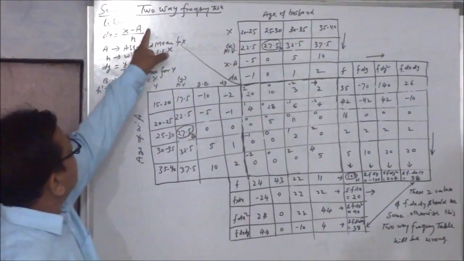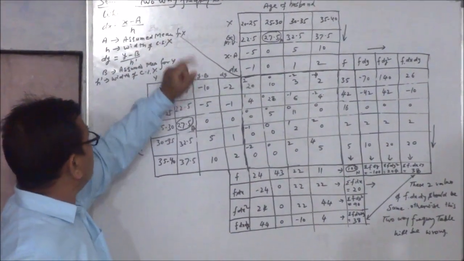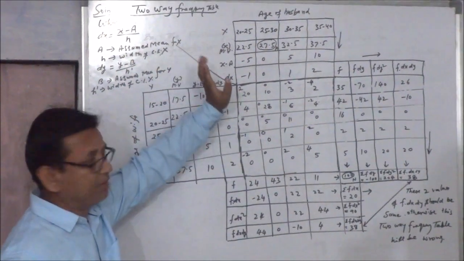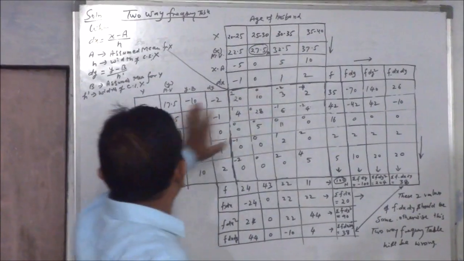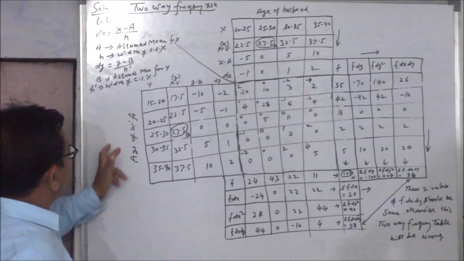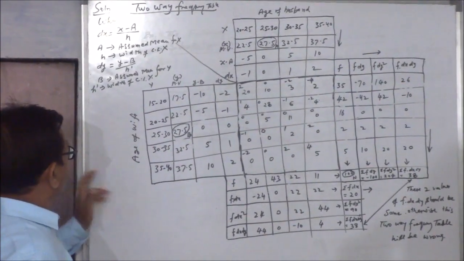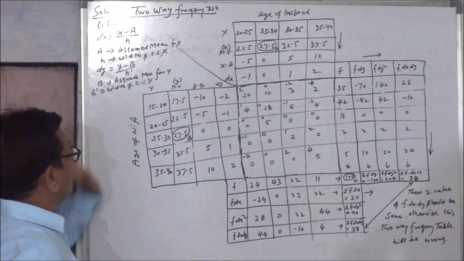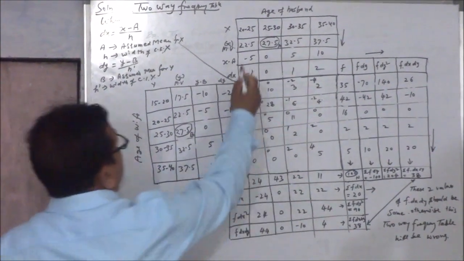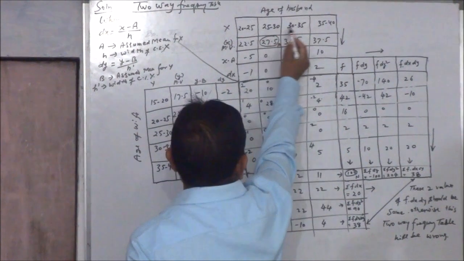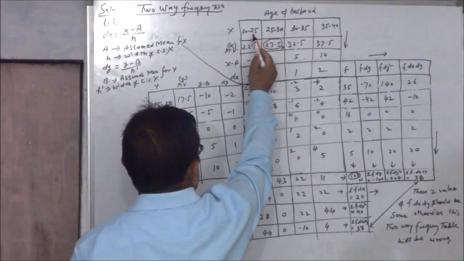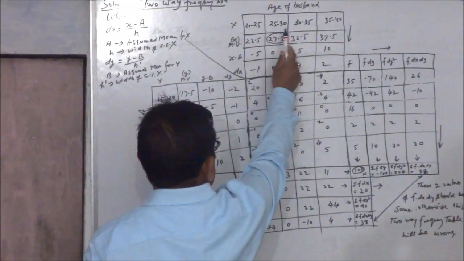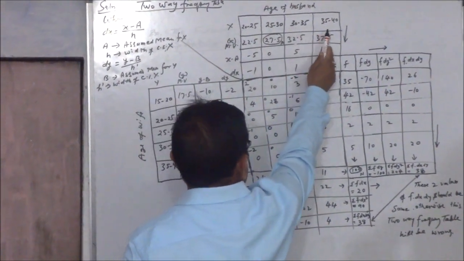First of all, we form a two-way frequency table. Here on the top of the table, this is age of husband, and in the left corner, this is age of wife, and these are the class intervals of age of husbands. This is x: 20 to 25, 25 to 30, 30 to 35, 35 to 40.